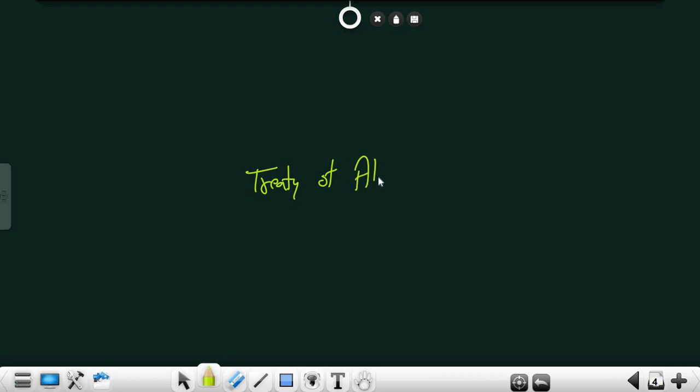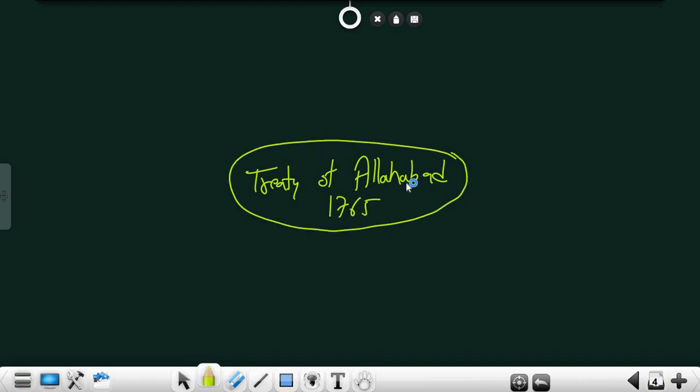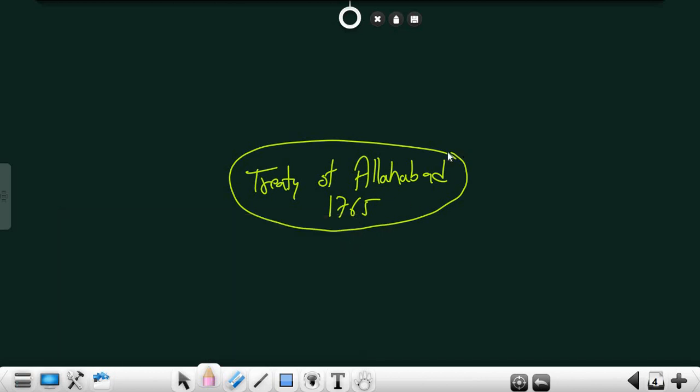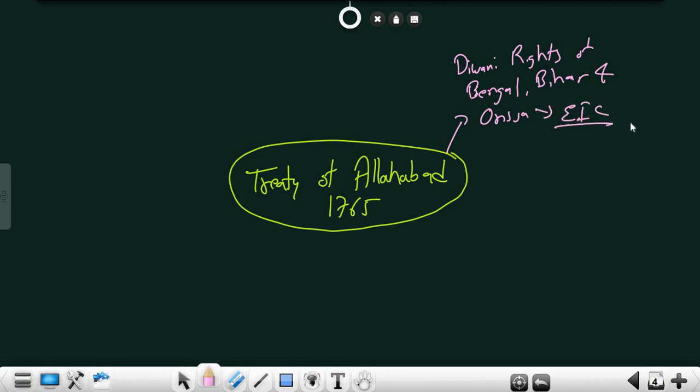So let's have a view on the provisions of Treaty of Allahabad. According to this treaty, the Diwani rights of Bengal, Bihar and Odisha were given to British East India Company.